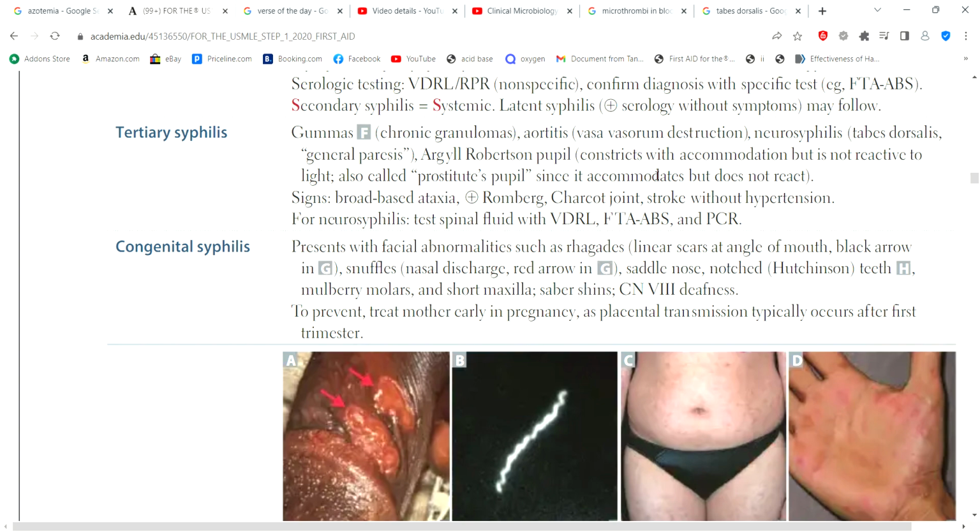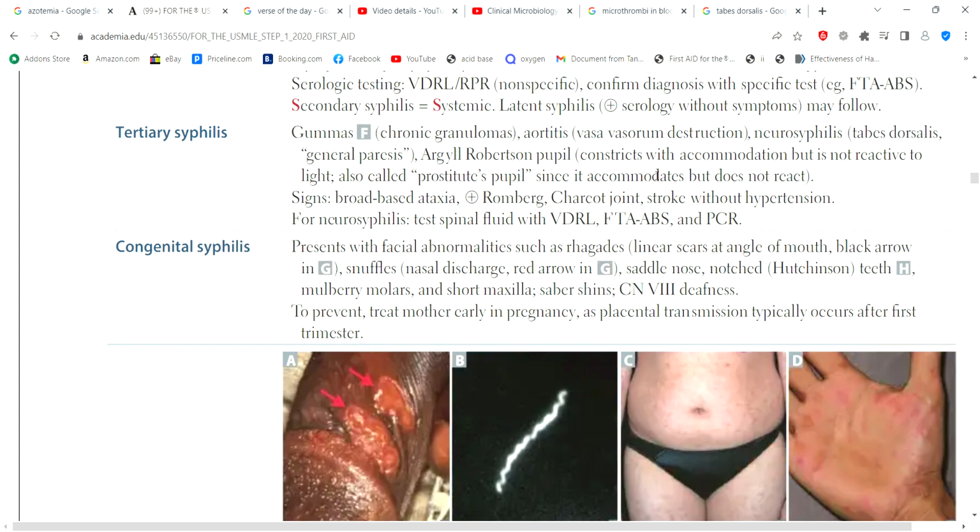Accommodation is when the eye adjusts its focus to see objects clearly at different distances. So the Argyll Robertson pupil constricts to adjust to near and far objects, but the pupil does not react to light.